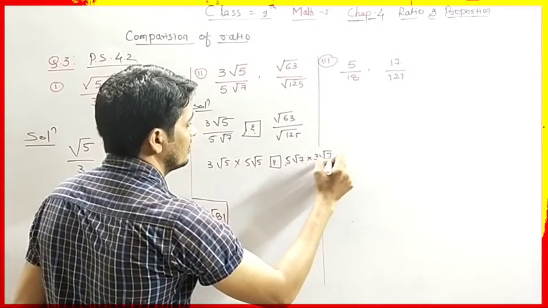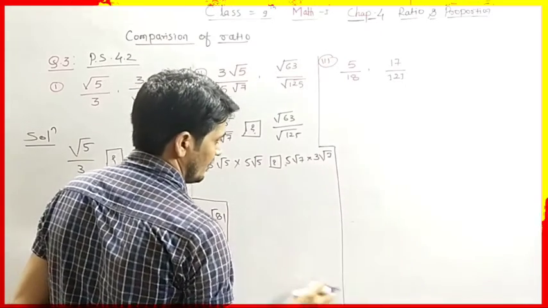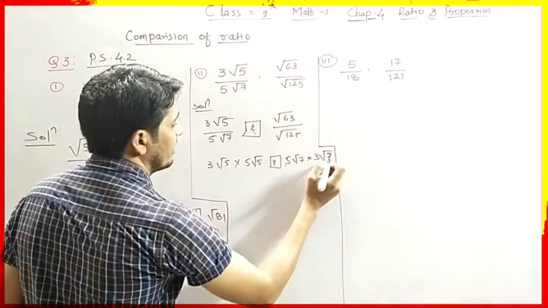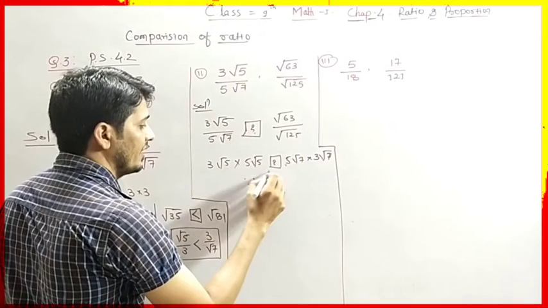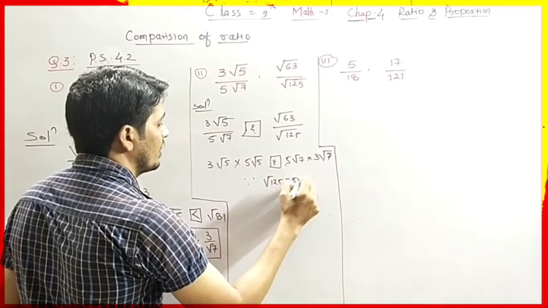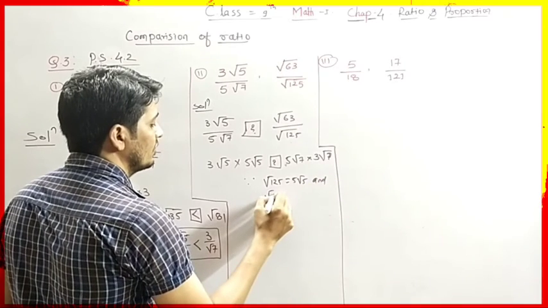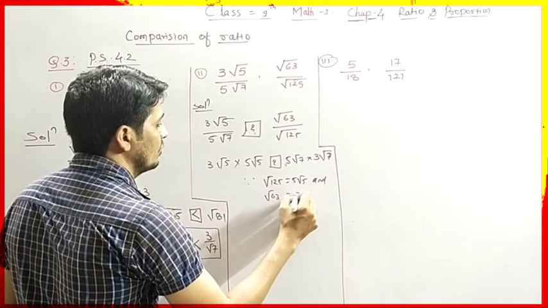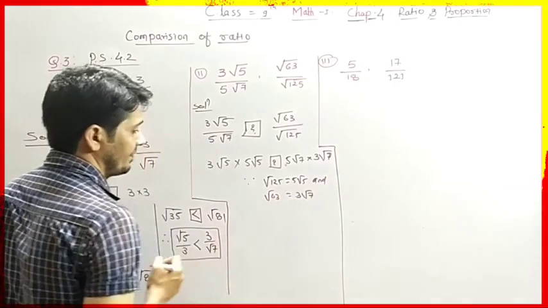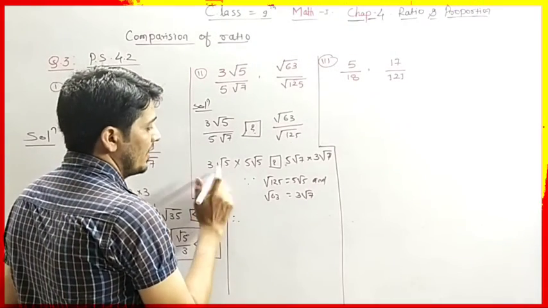Since we can write root 125 equals 5 root 5 and root 63 equals 3 root 7, now we have to multiply this.